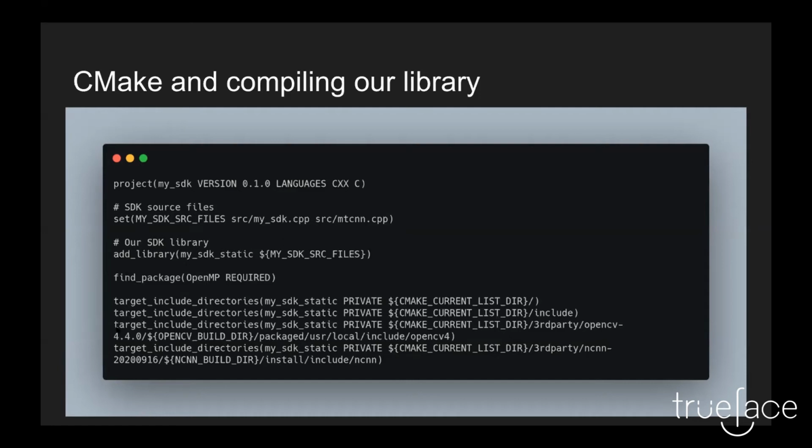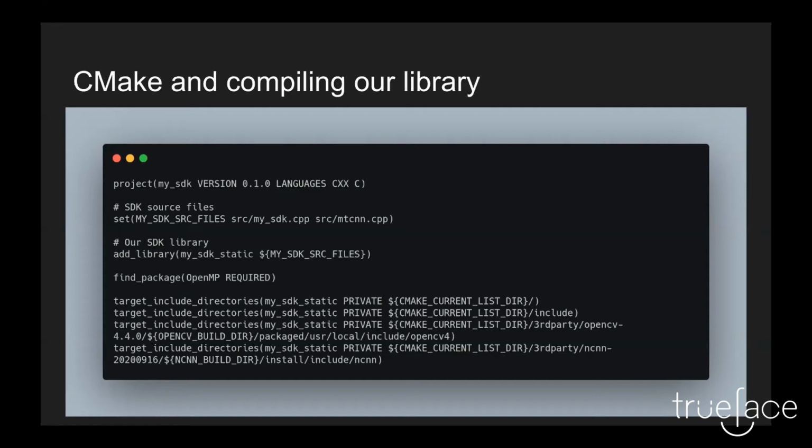Next, we tell CMake where to find the necessary include header files that our source files require. Something to note though, although this will build our library right now as is, when we try and link against our library, we'll get an absolute ton of undefined reference to symbol errors from both OpenCV functions and NCNN functions.